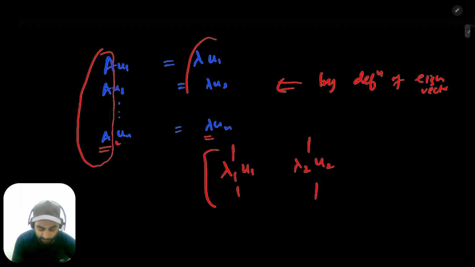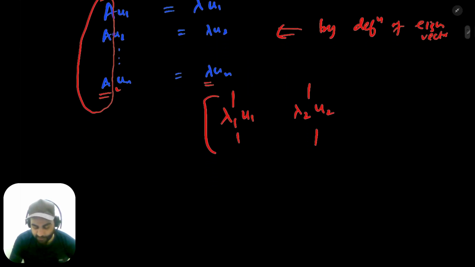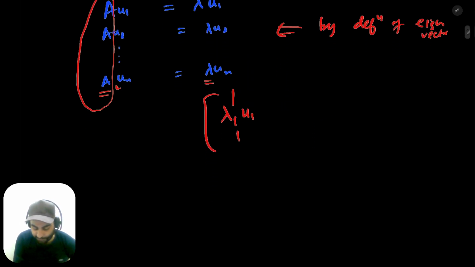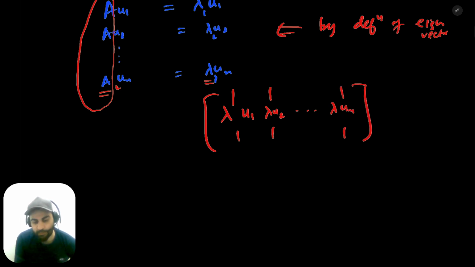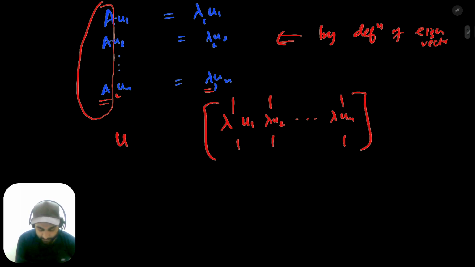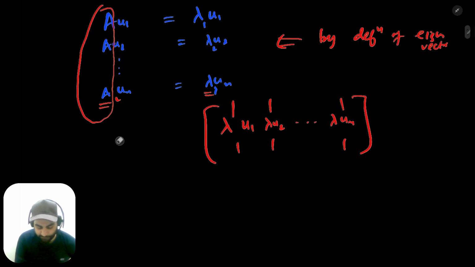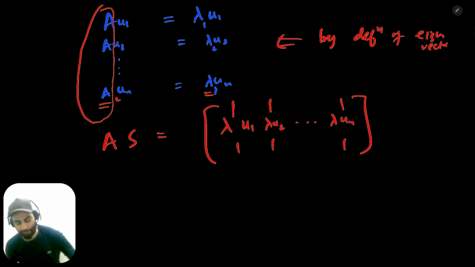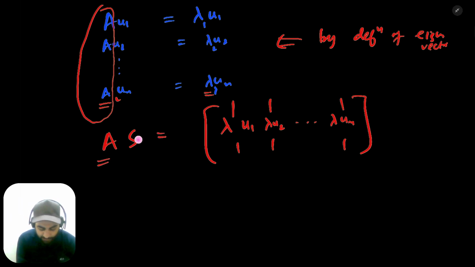If you collect all these things into a matrix, this will be lambda 1 u1, lambda 2 u2, and similarly till lambda n un. So we have this A and S matrix that's equal to this. Is it clear? So A and S matrix is this.